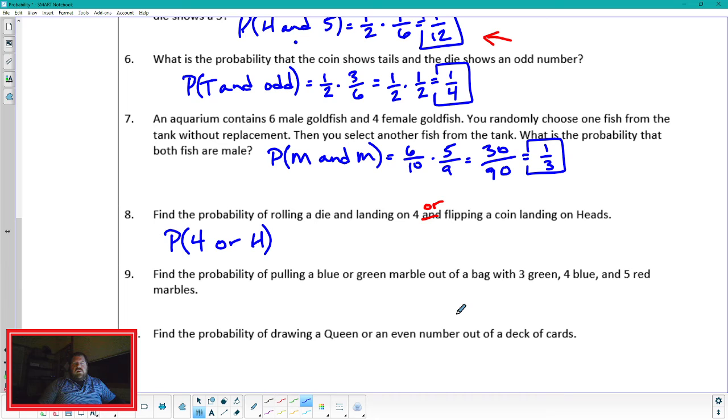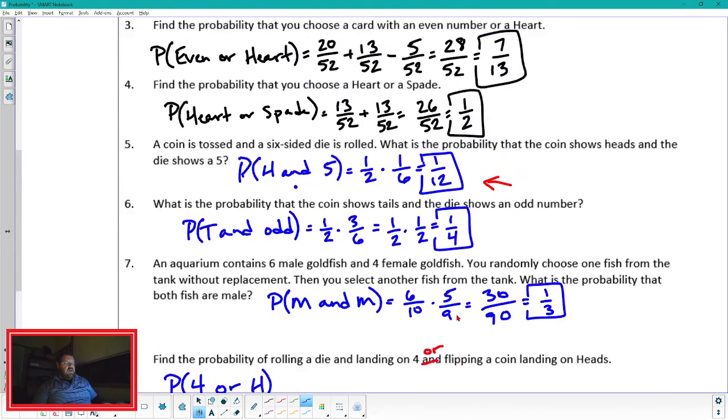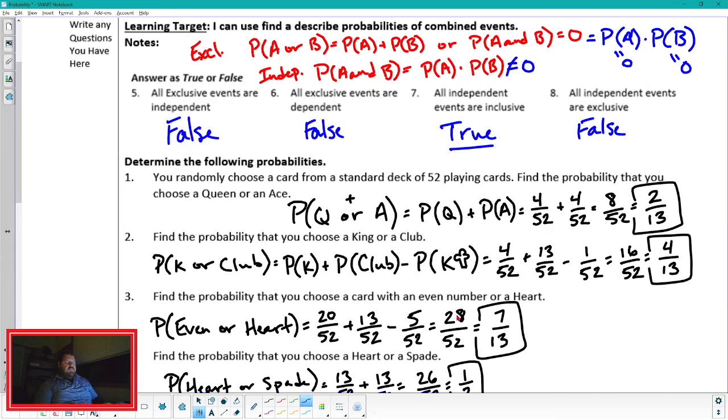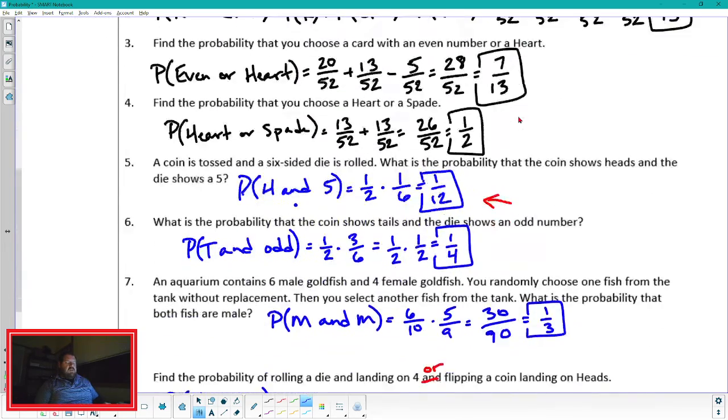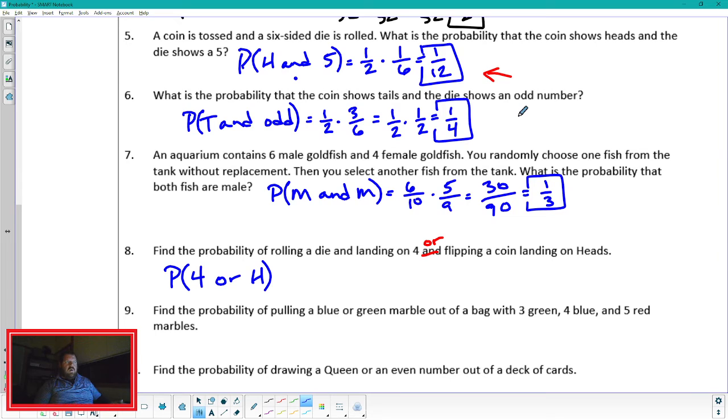The question is, are these inclusive or exclusive? We know they're independent. We said that they were independent. And if we look up at the top, one of the things we said is that all independent events are inclusive. So inclusive means, well, first of all, we're adding because it's "or", but it also means that we have an overlap that we need to subtract out.